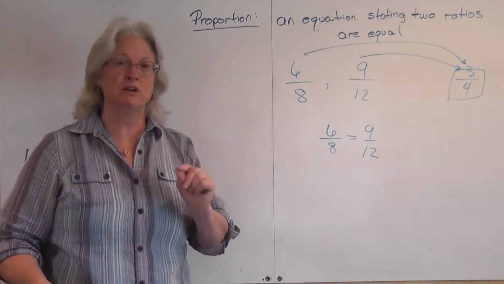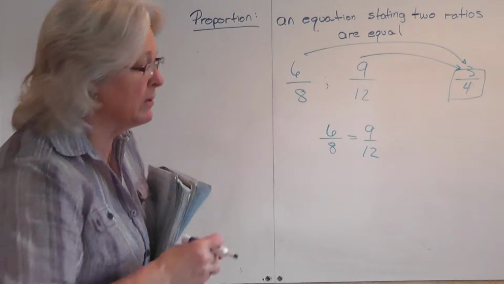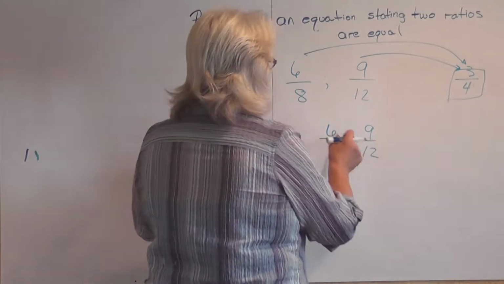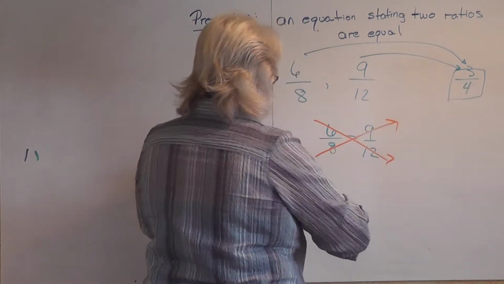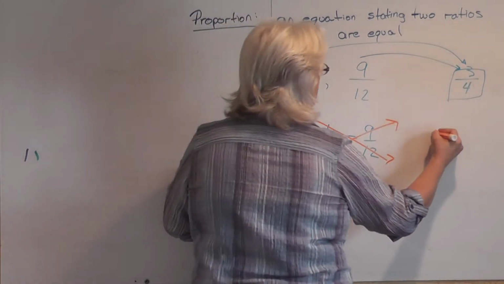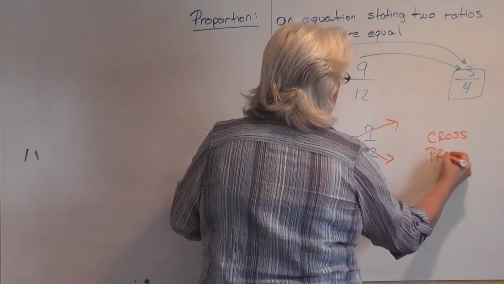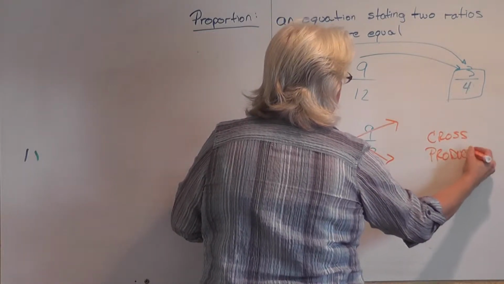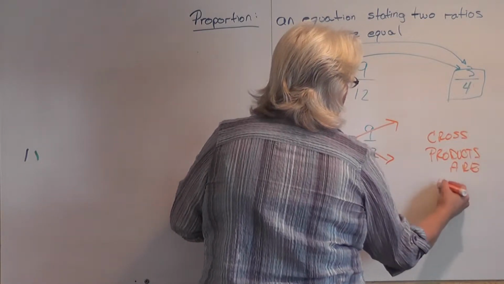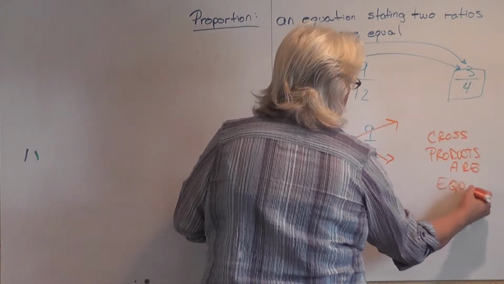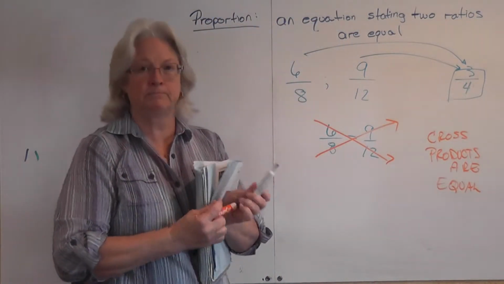And something that's a really valuable piece of information, something that's very important, is the fact that in a proportion, the cross products are equal. Now, what's a cross product?